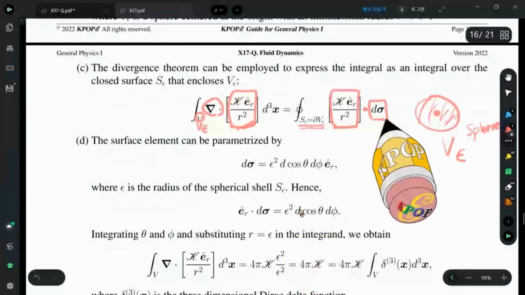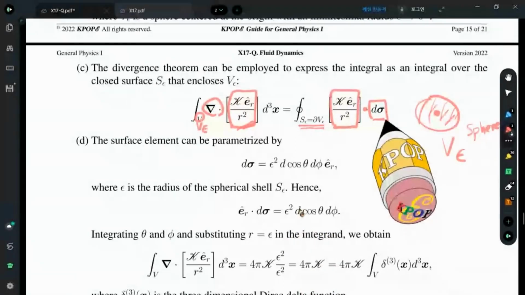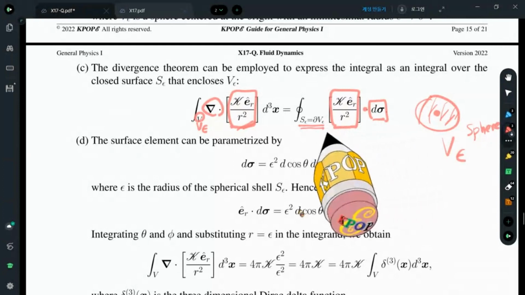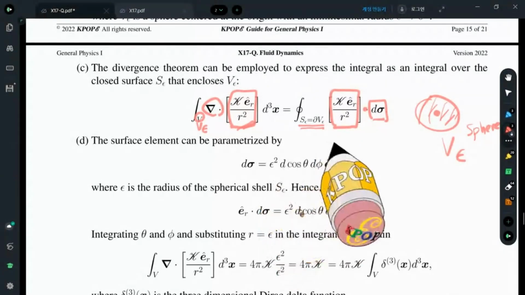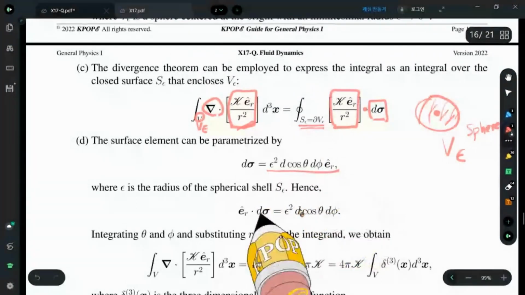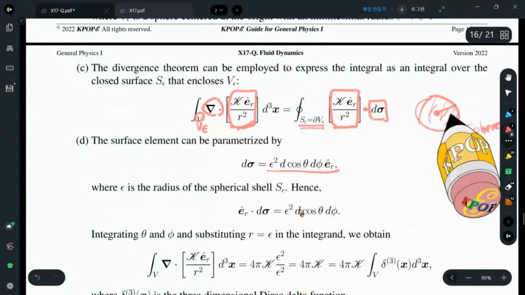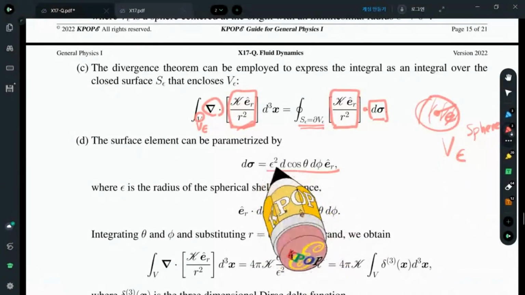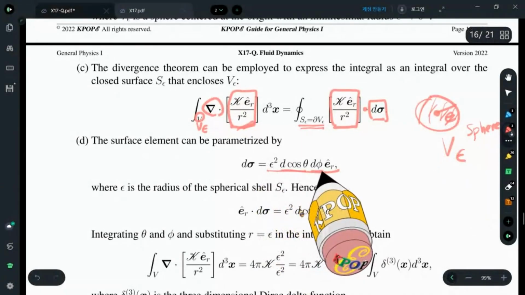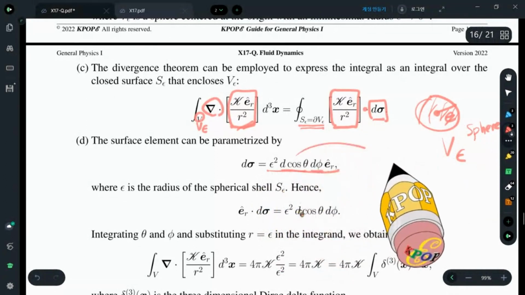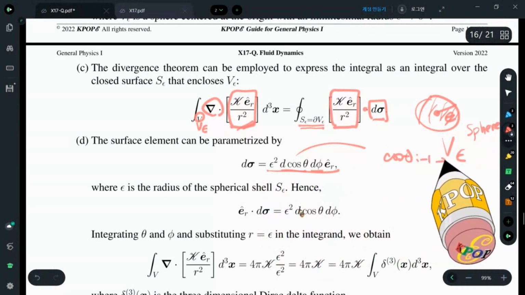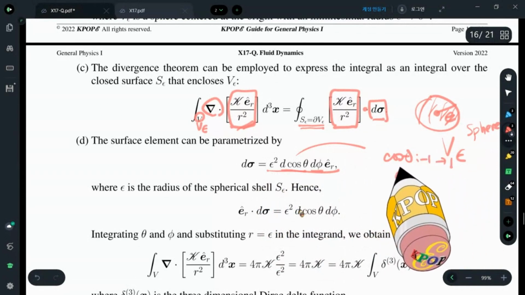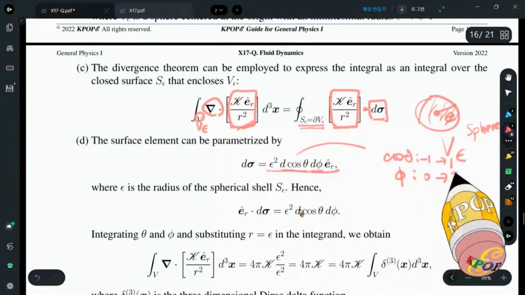This surface element can be evaluated very simply if I make use of spherical polar coordinates. This is the radius of a tiny sphere, so r squared, radius squared, d cosine theta, d phi, where cosine theta runs from -1 to 1, and phi runs from 0 to 2 pi.